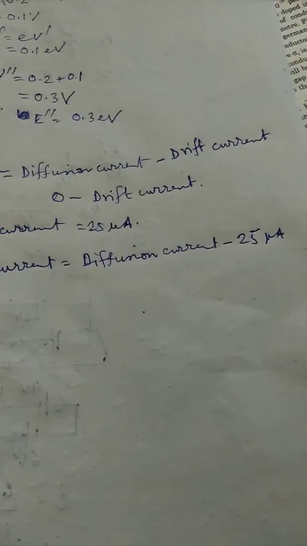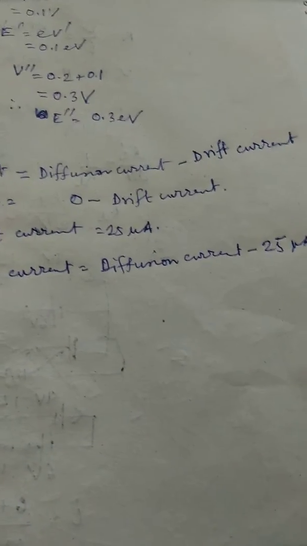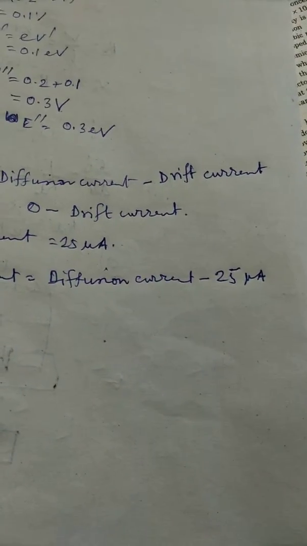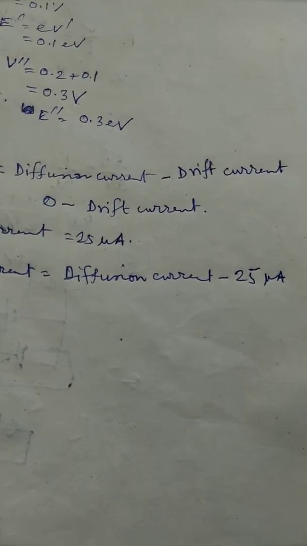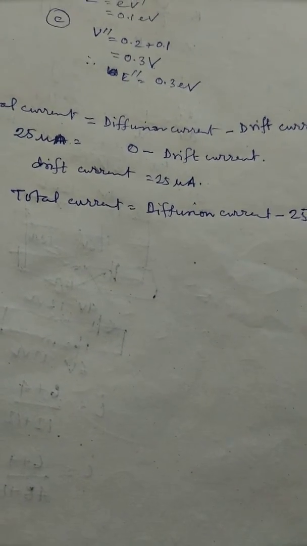Now they are telling some special conditions, that when it is forward biased by 200 millivolt, the current becomes 75 microampere.